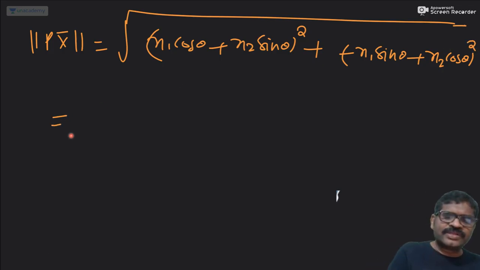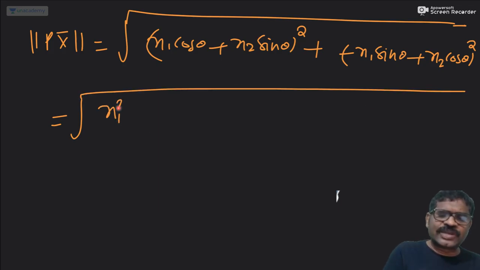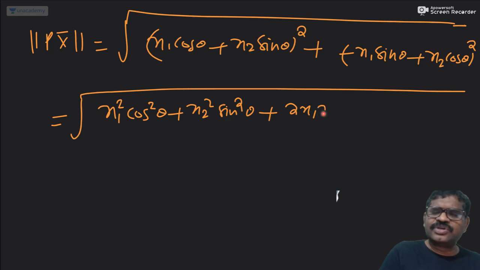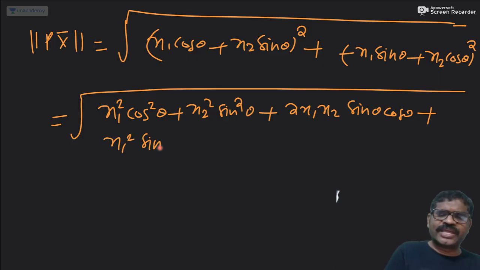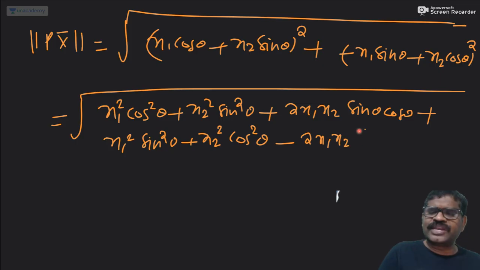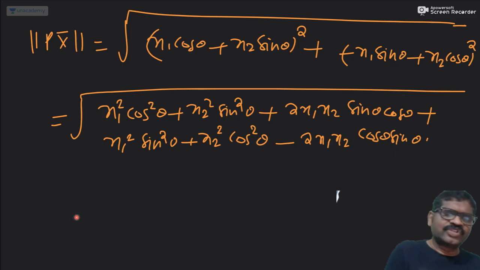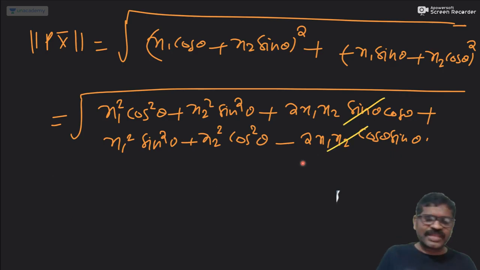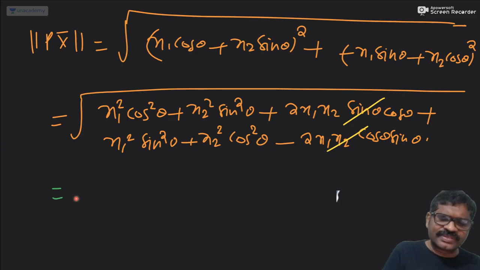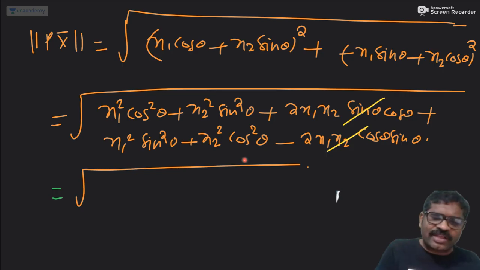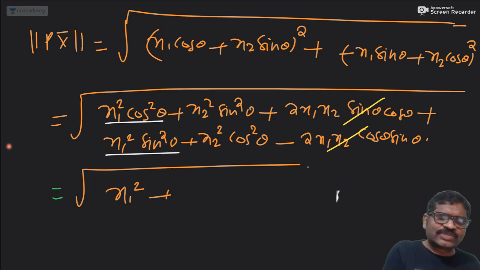Expanding, the terms 2x1 x2 sin theta cos theta cancel because of plus and minus. Then x1 square cos square theta plus x1 square sin square theta is x1 square, and x2 square sin square theta plus x2 square cos square theta is x2 square.